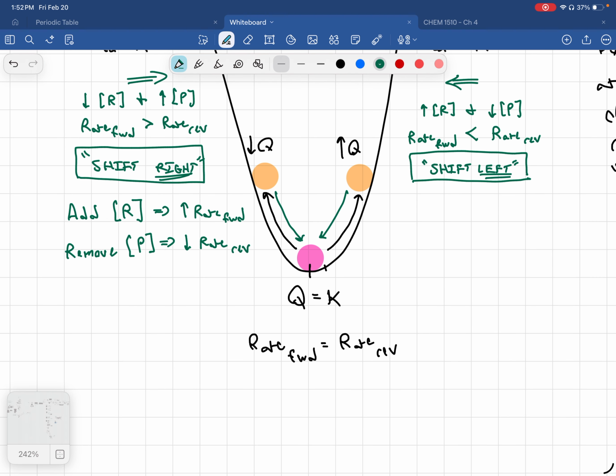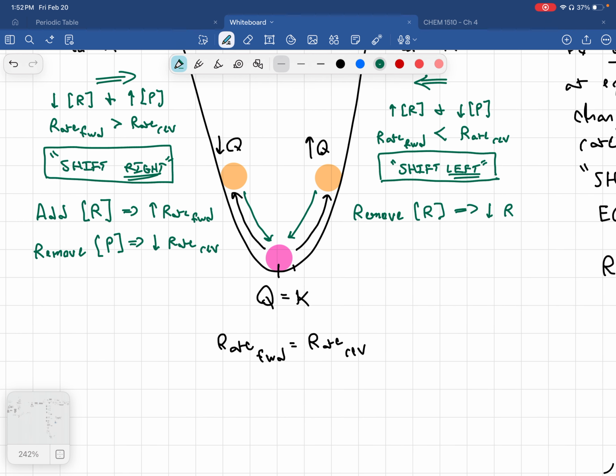So that means if we remove reactant and thus make the reactant concentration go down, then that process causes the forward rate to decrease, resulting in the reverse rate being faster, and that would cause a shift to the left, the opposite of what happens when we add reactant.